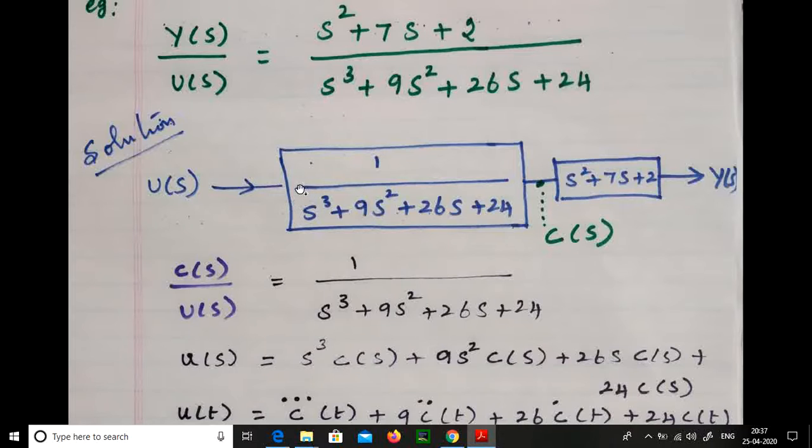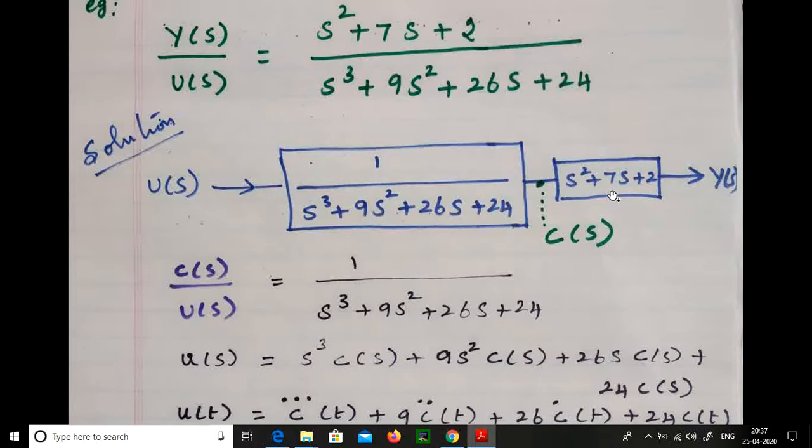For these blocks, the input is taken as U of s, the output is taken as Y of s. The first block consists only of the denominator polynomial, so 1 divided by s cube plus 9s square plus 26s plus 24. The second block consists only of the numerator polynomial, which is s square plus 7s plus 2.